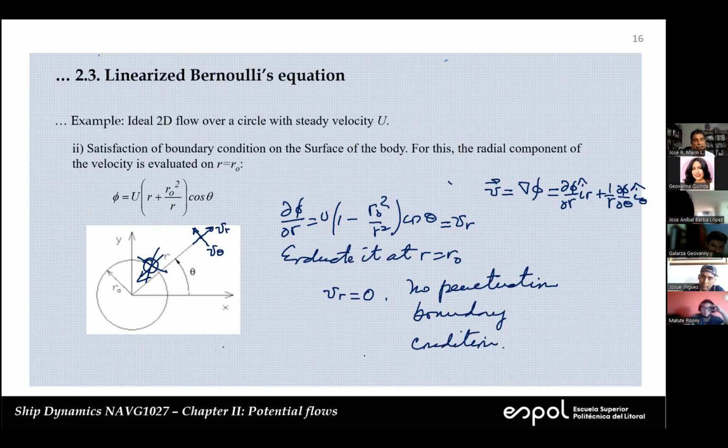It's very interesting. Right now, one of our graduates is doing doctoral studies at the University of Ghent in Belgium, and he's doing a study on the flow when a ship gets closer to the port in Rotterdam. They navigate very close to the bottom. And the boundary condition on the bottom, usually we say, is d phi/dz equal to 0, so there is no velocity crossing the bottom surface.